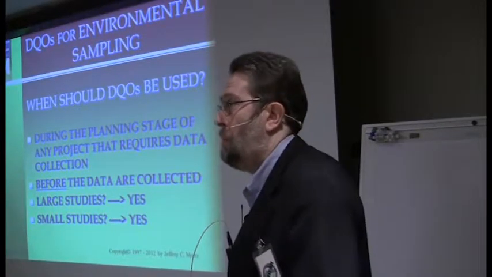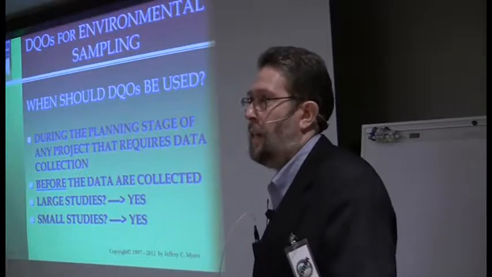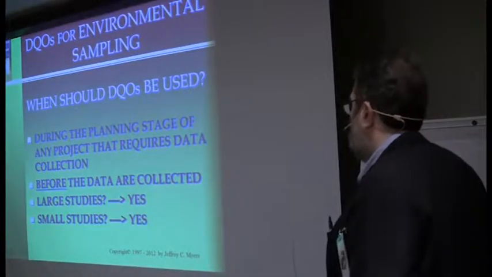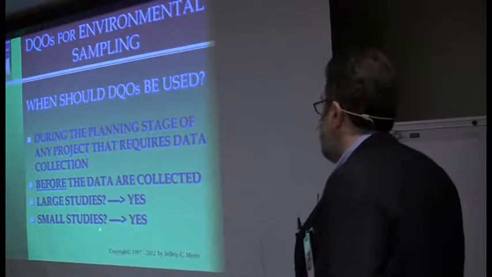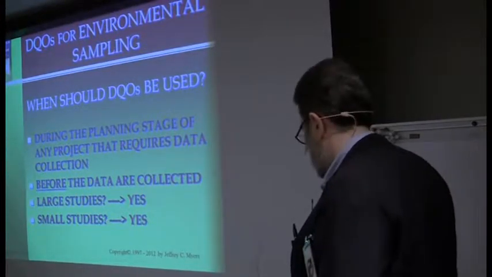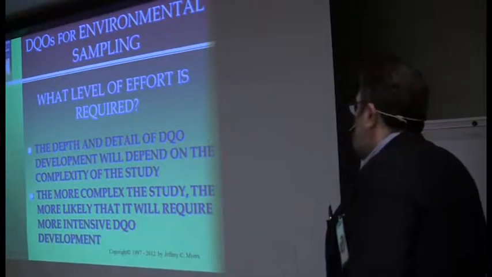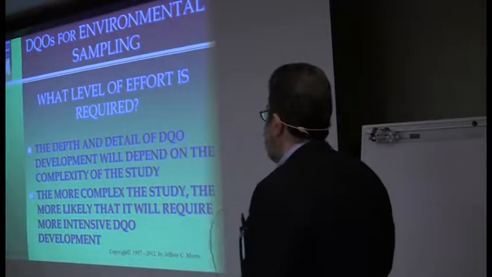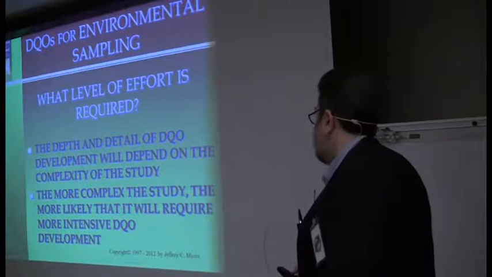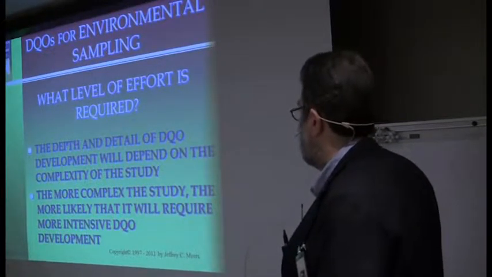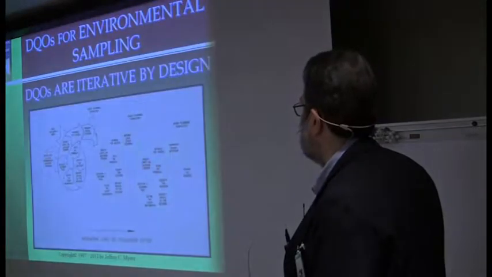And that usually meant more remobilization and additional costs. So you always use it before. You can use it with either small or large studies, but again, it's a graded approach. You don't have to go into the detail and depth for simple studies, and again, the more complex the study, the more complex the DQO development.